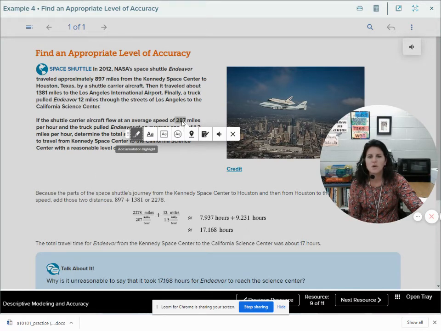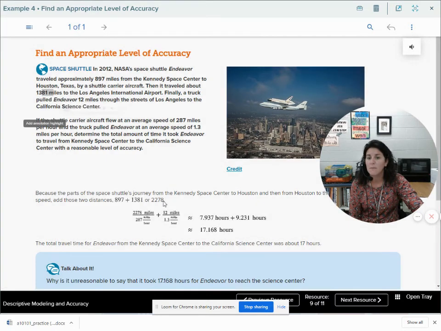So if we go 287 miles per hour, and it went a total of 897 miles, and then another 1,381 miles, we can add those two numbers together, and that's going to give me the total miles that it traveled, so 2,278 miles at a speed of 287 miles per hour. So we're dividing that by miles per hour.